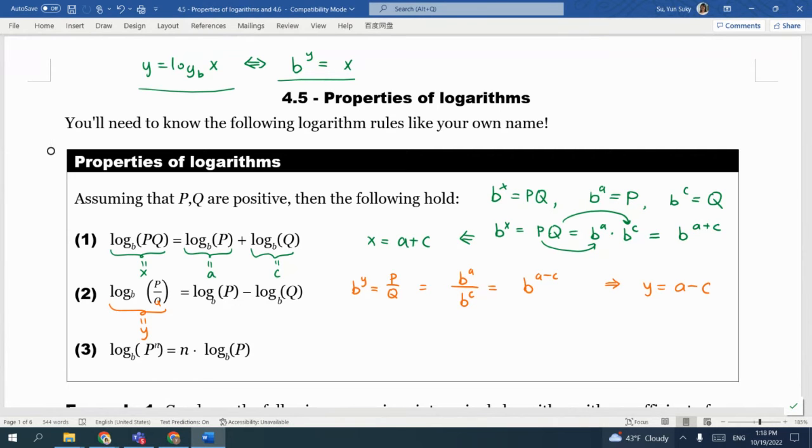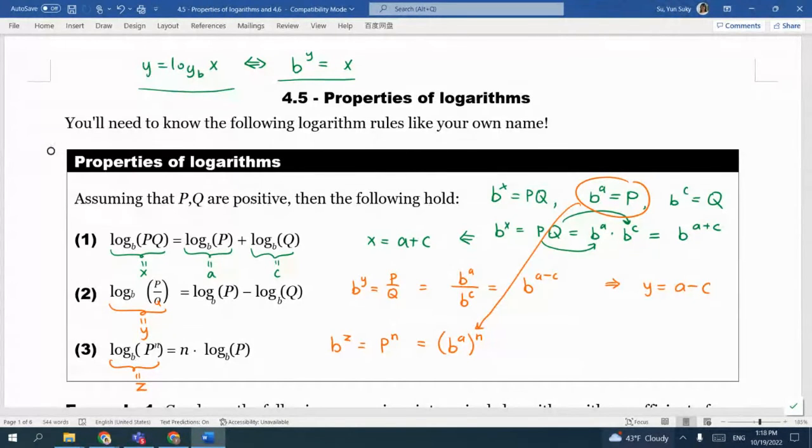How about the power? Let's call this z. This tells us that b to the z is p to the n. But what is p? p is b to the a. So p to the n is b to the a, to the n.